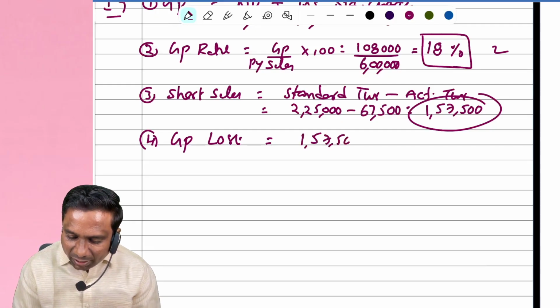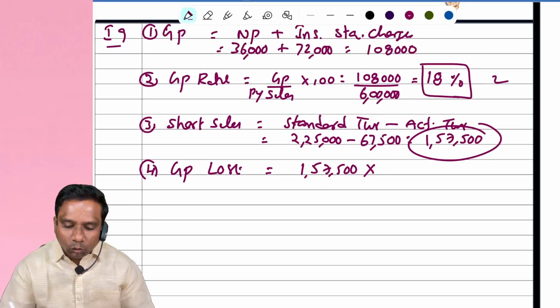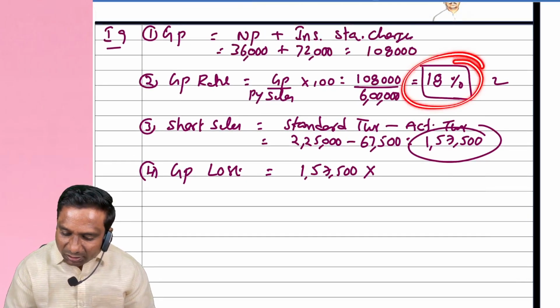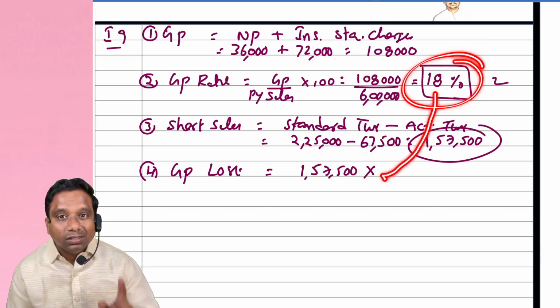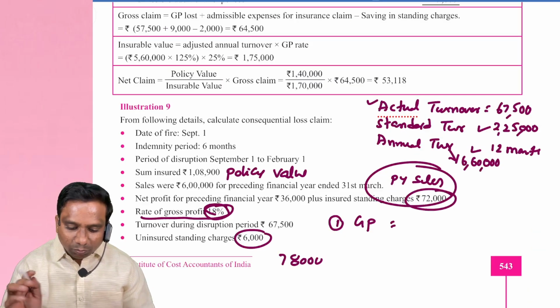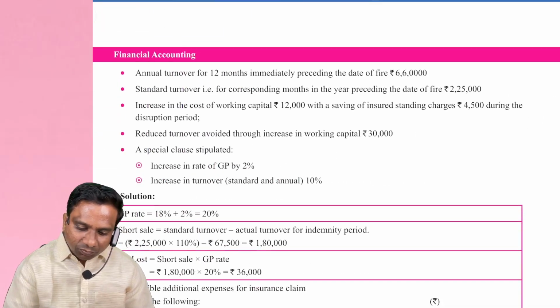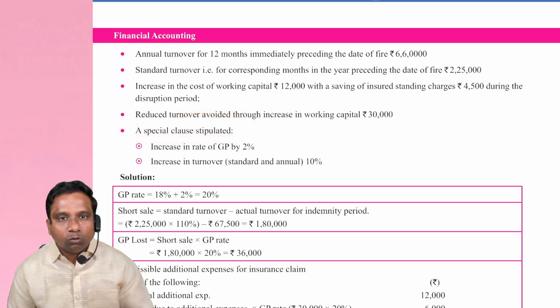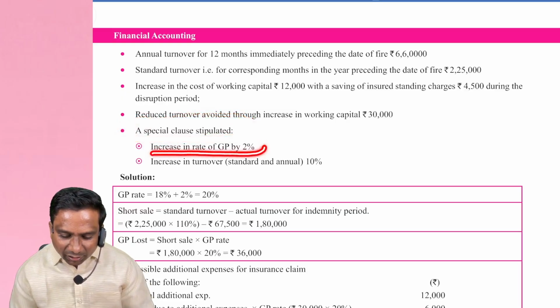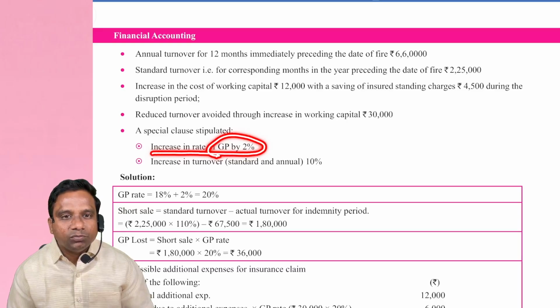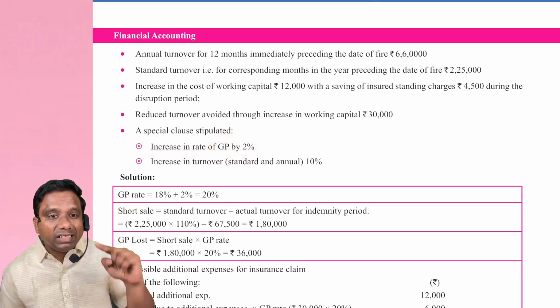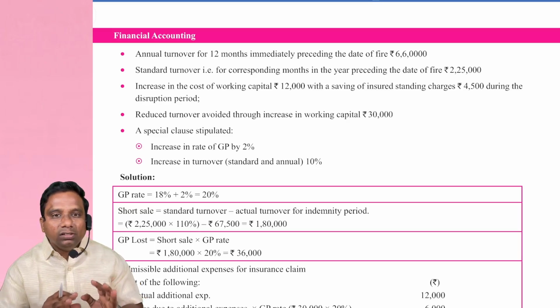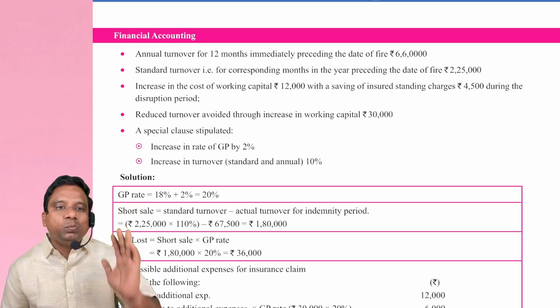Means 1,57,500 into, actually I have to apply this 18% on this amount. But observe in the problem, a special clause is stipulated. What is that? Increase in rate of GP by 2%. So the previous year gross profit is 18%, but now they are saying increase the gross profit by 2%.